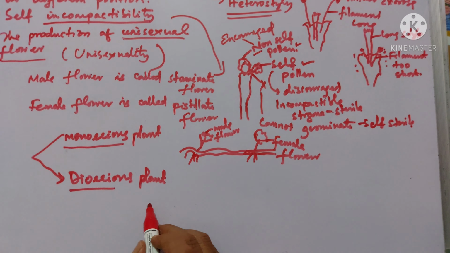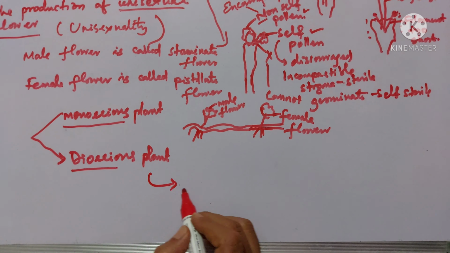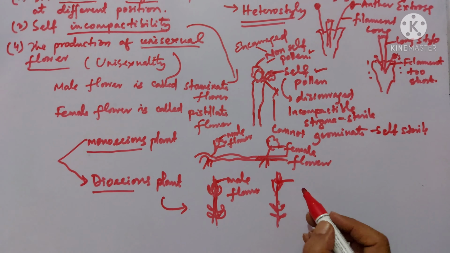But in dioecious, what happens, in these plants separate plants are there. This one has the male flower and another plant has the female flower.